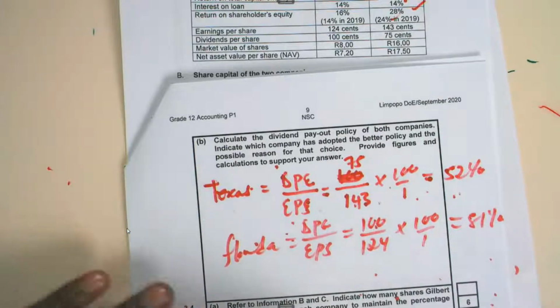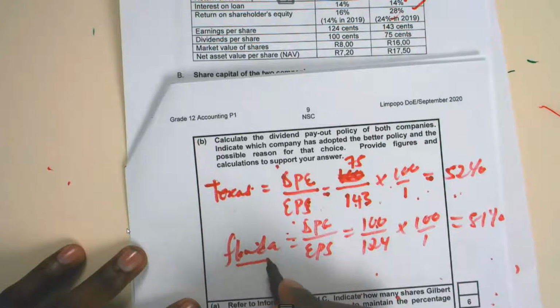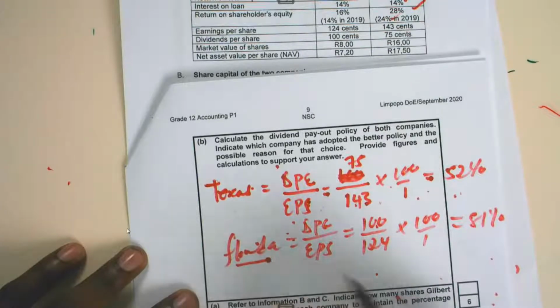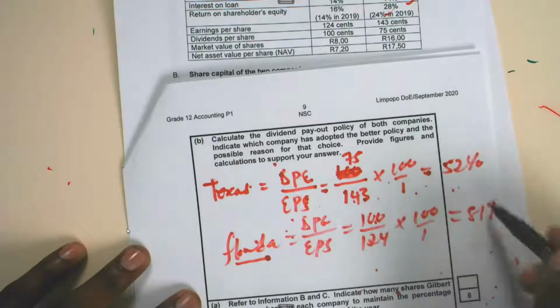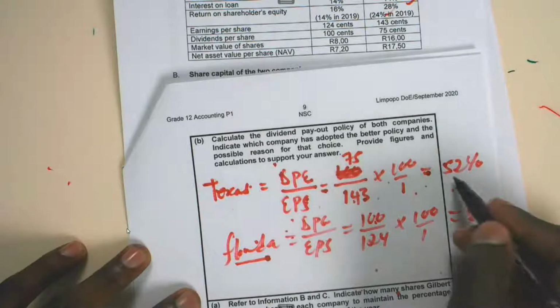If you decide to choose Florida, your explanation is going to be that Florida pays out more than Texas. They paid out 81%, which is more than Texas's 52%.